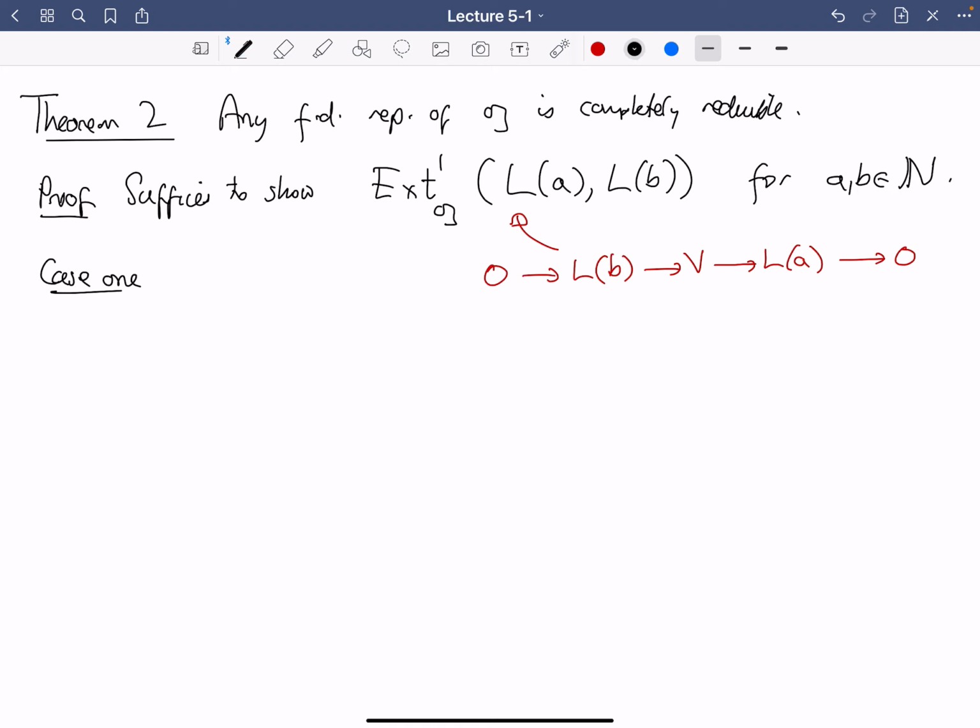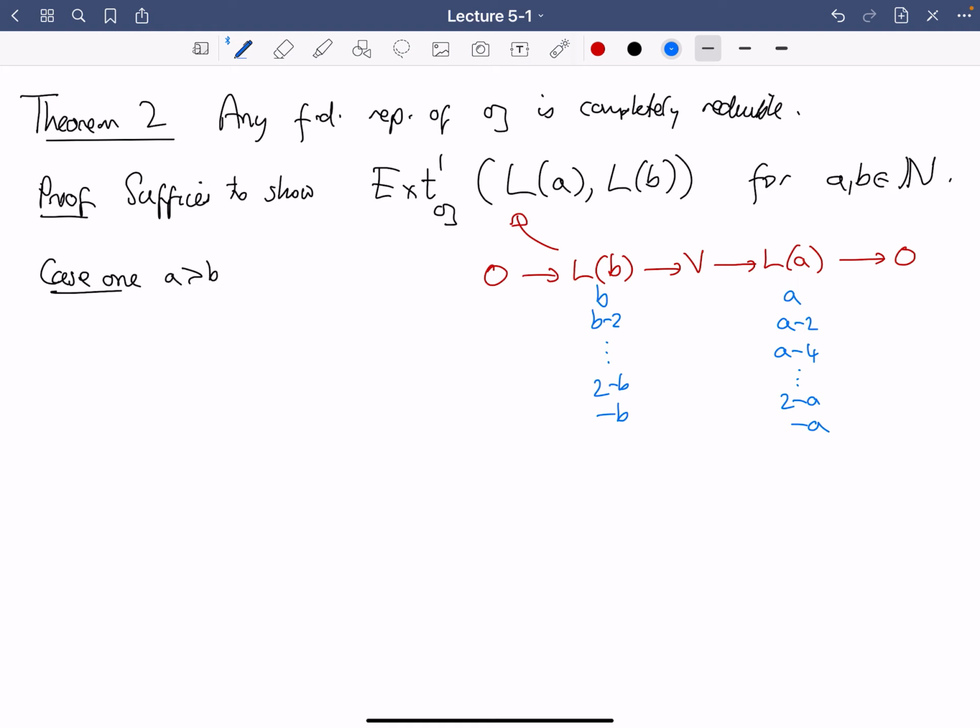So case 1 is the case when A is bigger than B. And so what we've got to do is think about how H could act on V. Now we totally understand how H acts on that irreducible L of A. It acts diagonalizably. And we knew the eigenvalues, right? There was A, A minus 2, all the eigenspaces were one-dimensional, all the way down to 2 minus A, minus A. And similarly for L of B, they went B, B minus 2, all the way down to 2 minus B, minus B.